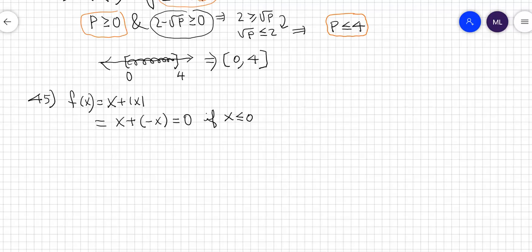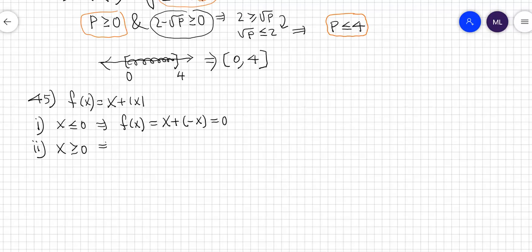Well, let me do it this way: if x is less than or equal to 0, that means f of x is x plus negative x, which is 0. If x is greater than or equal to 0, f of x equals x plus x, which is 2x.